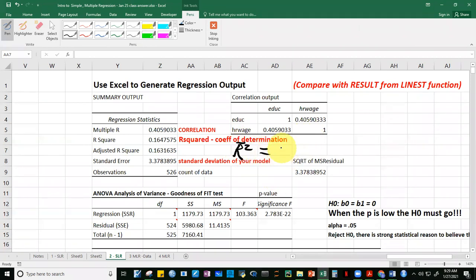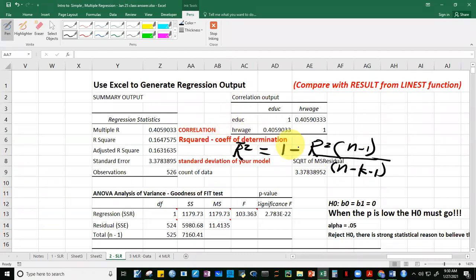And it's equal to 1 minus R squared times N minus 1 all over N minus K minus 1. Okay, so this is the formula for your adjusted R squared. And it's dependent on your R squared.